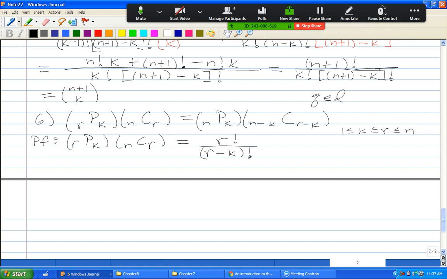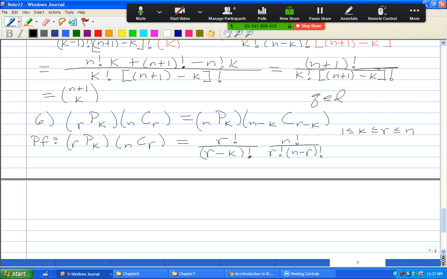So we're assuming the following, times N factorial over R factorial N minus R factorial. Okay, good.